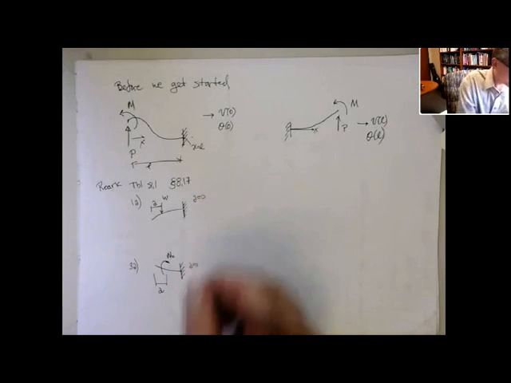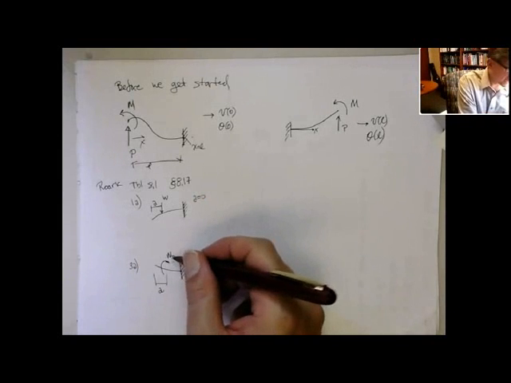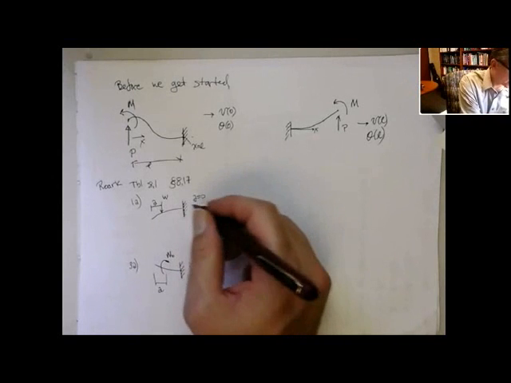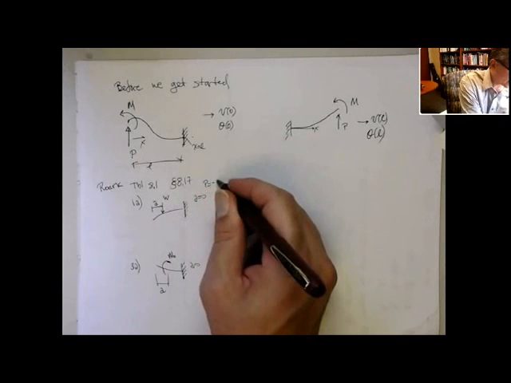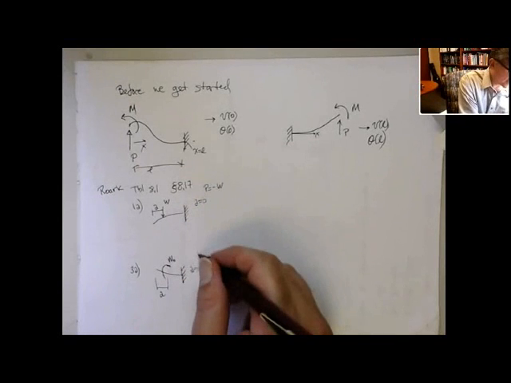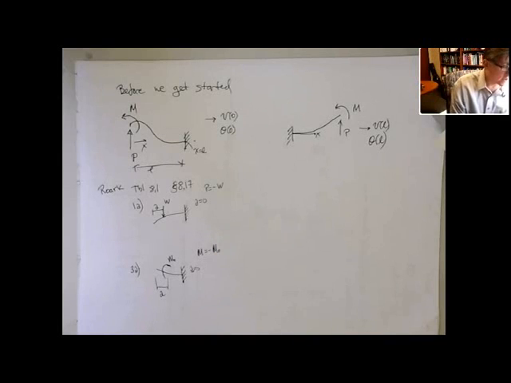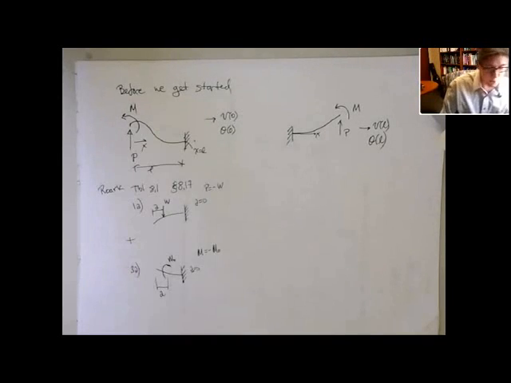In this case, we're going to change the sign of M0 and the sign of W. So we're actually going to get P by setting P equal to minus W, and M equal to minus M0, changing the direction of those. Then we're going to superimpose those two, and that'll give me the tip force and the moment, okay?